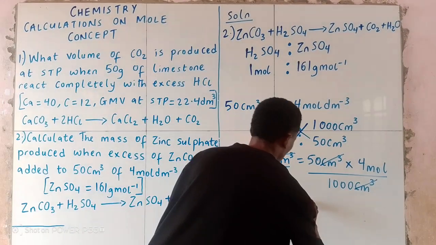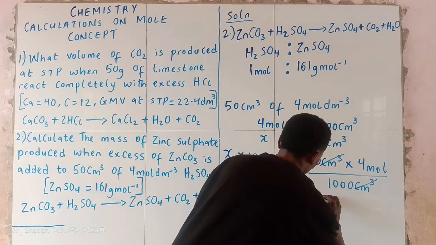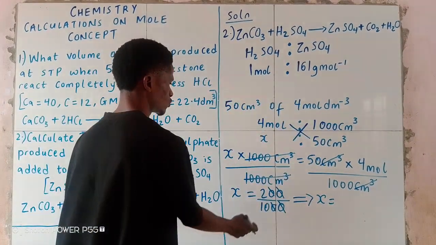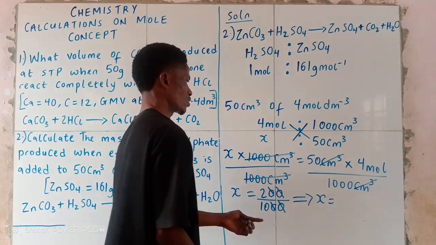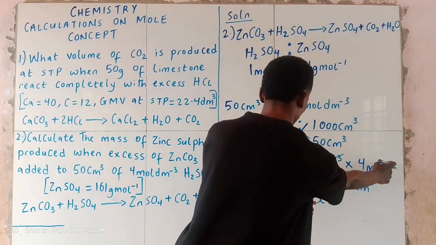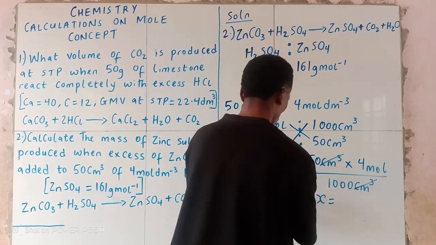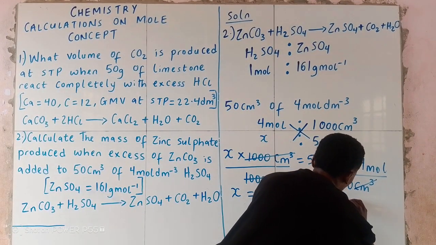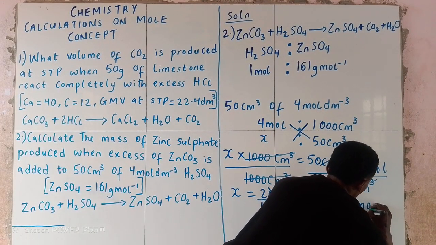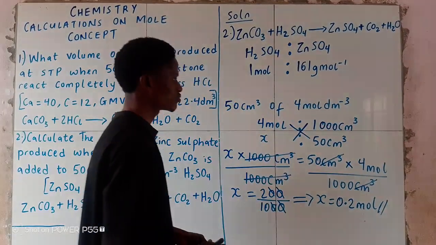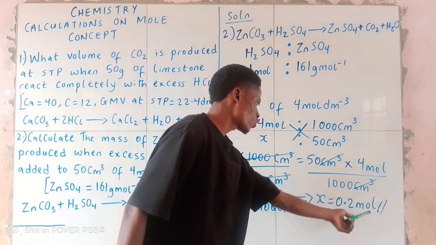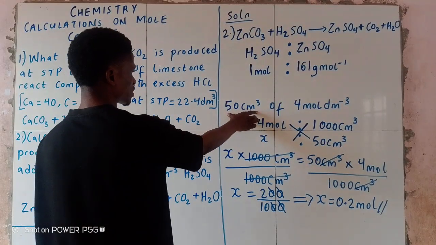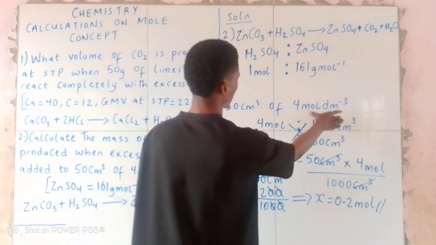So I'm going to get my x to be 0.2. Yes, remember, here is mole. Mole is remaining here. So we have 0.2 mole here as my expression for 50 cm³ of 4 mole per dm³.